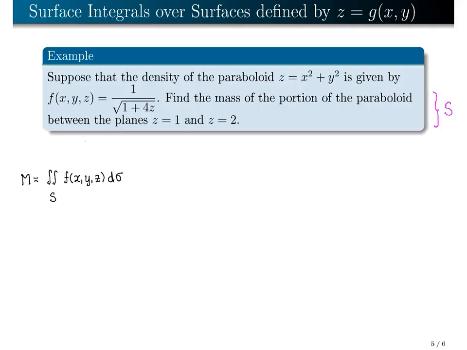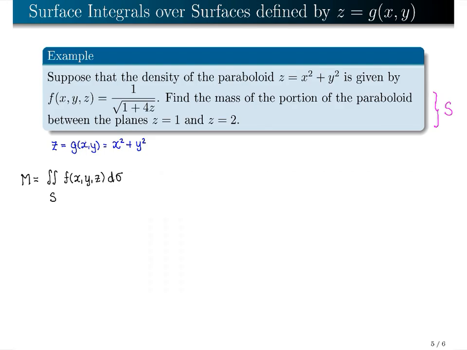Since surface S is part of the paraboloid with equation z equals x squared plus y squared, we clearly have that z is equal to g of (x, y) is equal to x squared plus y squared.